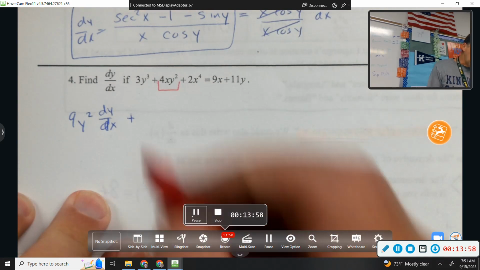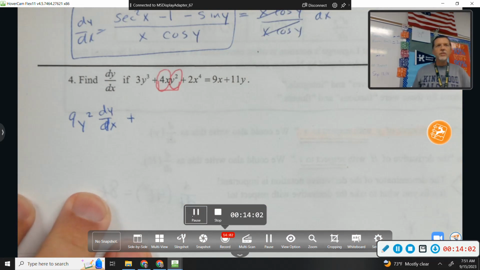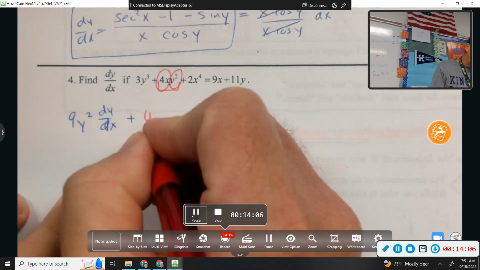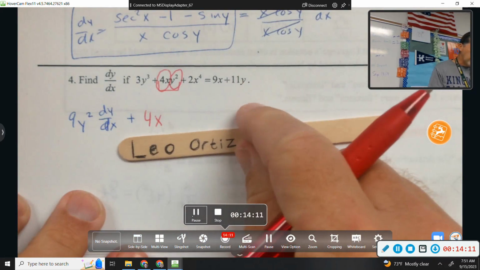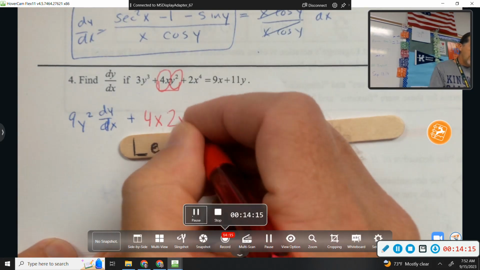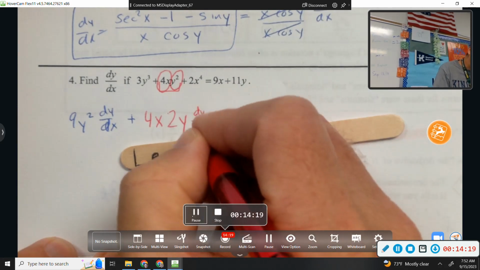Alright, product rule. I'm going to try this one kind of on the fly without writing everything out. So first times derivative of the second, 4x times, Leo, what's the derivative of y squared? 2y. Yes, thank you. 2y dy/dx.